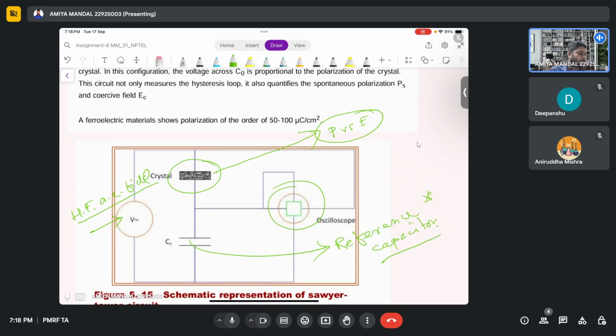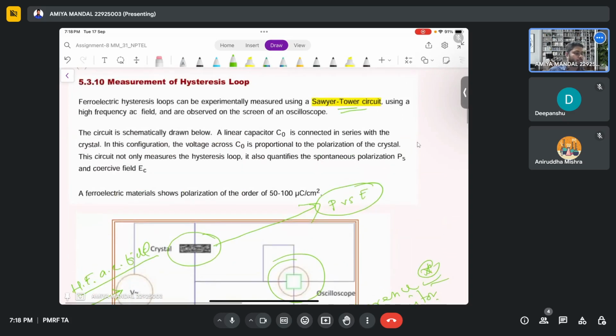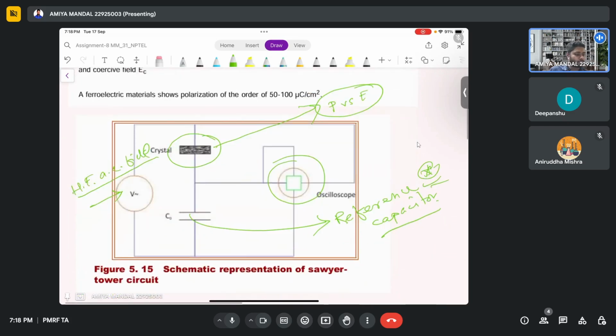This is the schematic diagram of a Sawyer-Tower circuit, in which we fix a C-naught value in the range of a few microfarad to a few nanofarad.